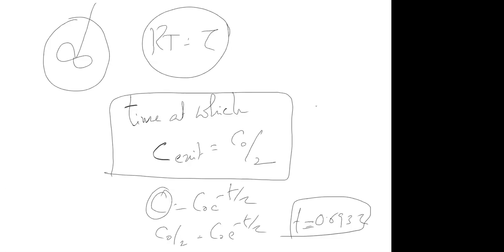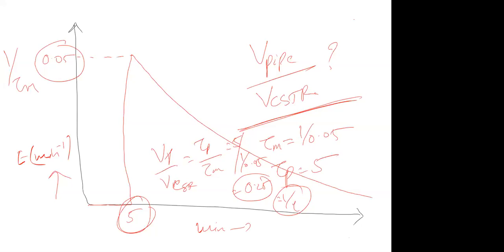So somebody is asking to show the previous question. So write another problem. The curve measured during a pulse tracer experiment is shown below.